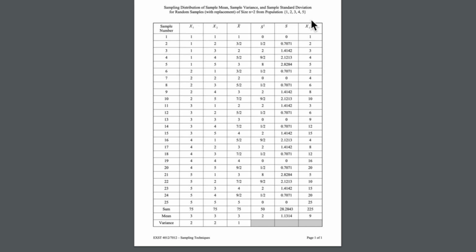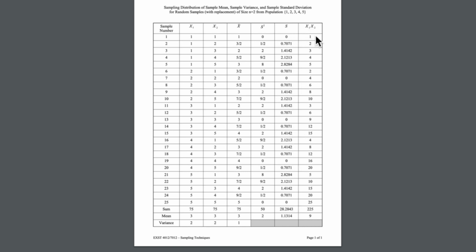So these are the possible samples of size 2 taken with replacement from this population of 5 values. When you calculate the sample mean for each of these samples, you get this column of values. When you calculate the sample variance for each of these samples, you get this column here. Once we have the sample variances, we can just calculate the positive square root of those values, and that gives us the values in the sample standard deviation column.